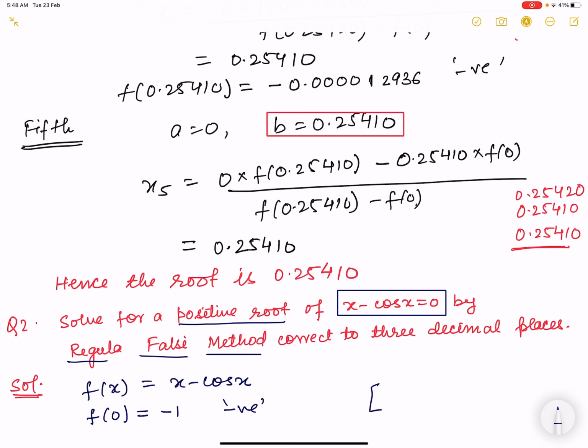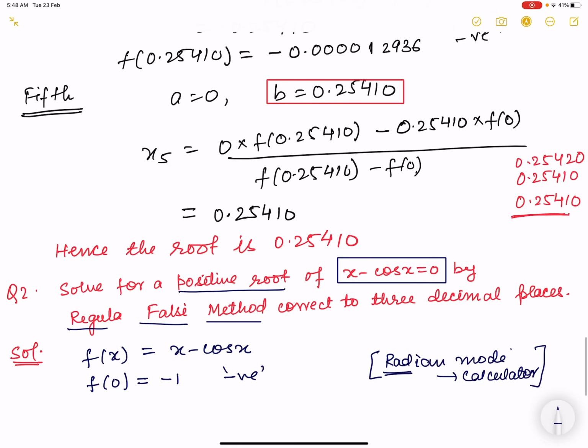Put your calculator in radian mode and then you will get the correct answer. Let us check the value of the function at 1, and this is coming out to be 1 minus cos 1, which is 0.459698.